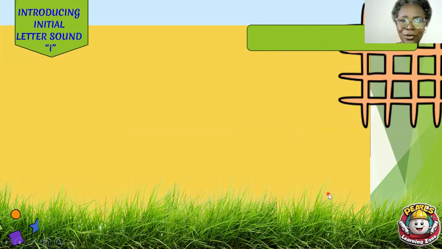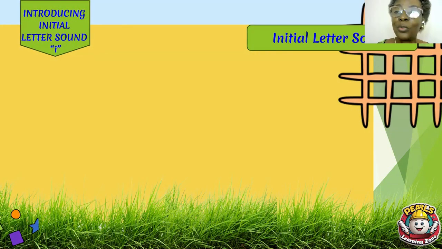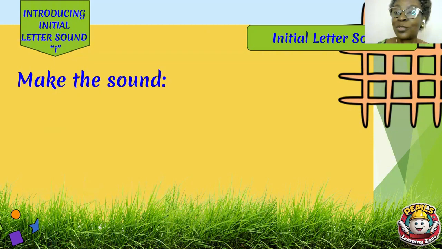You are doing so great. Now we want to focus on the letter sound E and learn how to sound it correctly. I will sound it first. You will repeat after me.